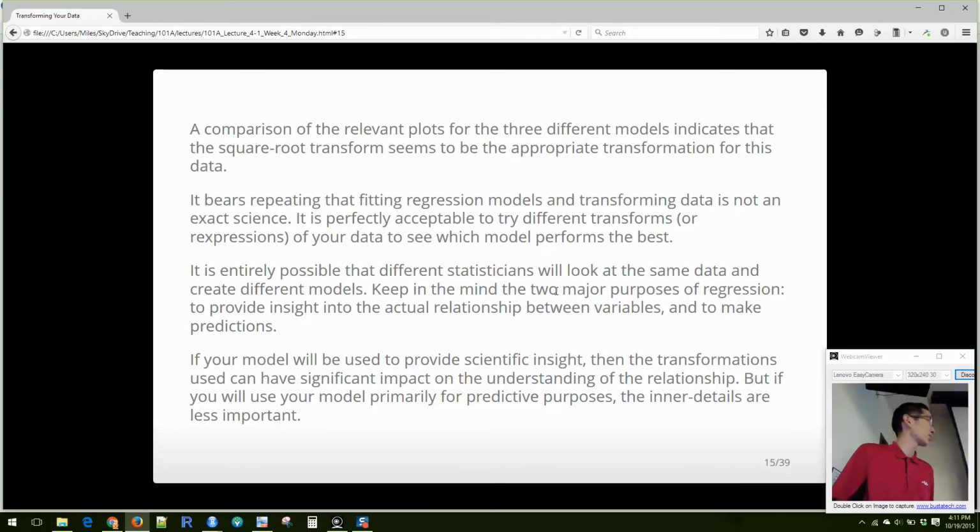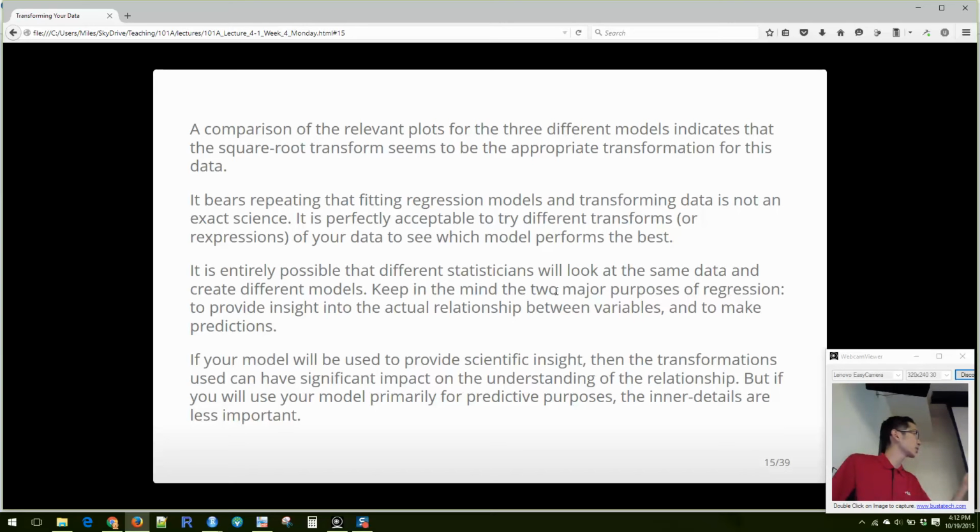In terms of work necessary, it's not very difficult to fit a linear model for log transform data and square root data and do a comparison. So it's totally fine to try a few different methods, see which one works best, and use that.